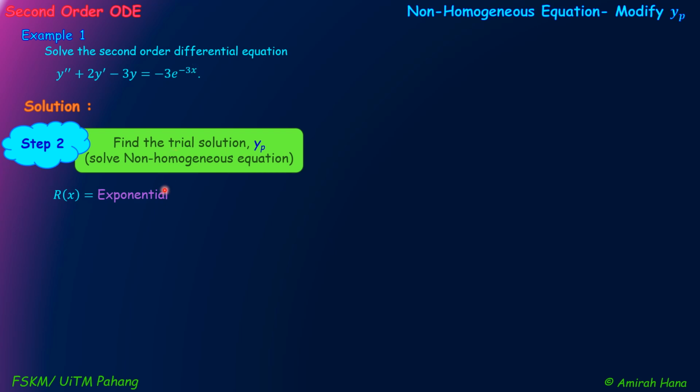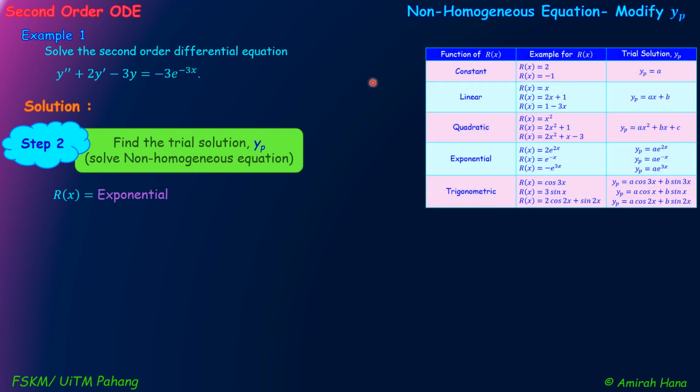We recall this table. If we have an exponential function, let's say we have 2e to the power of 2x, e to the power of -3x, negative e to the power of 3x, we must write yp equals to constant a, and then we follow the given exponential function.